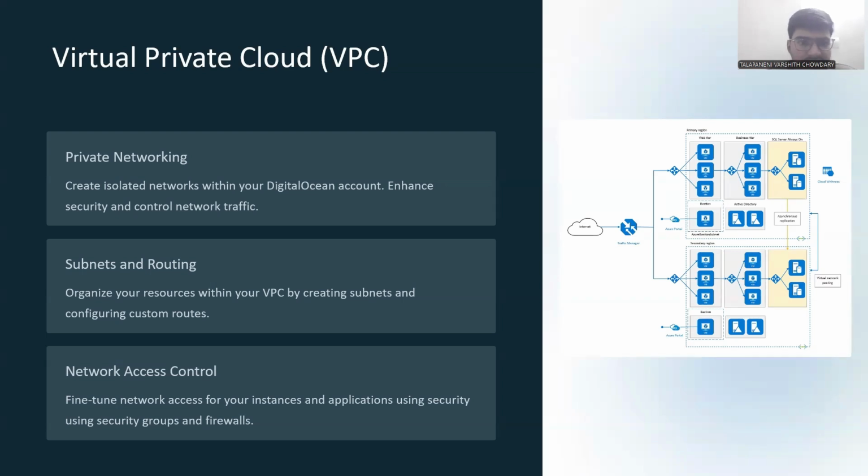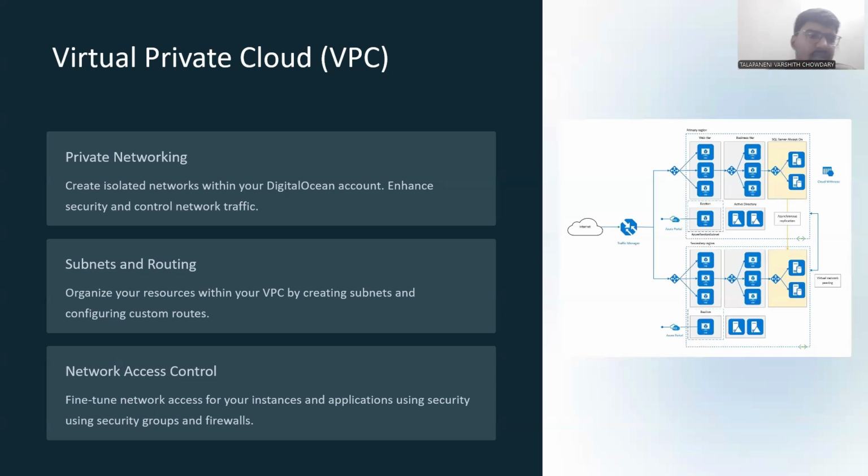And the next thing is subnets and routing. You can organize your resources as you wish. Generally, the cloud or the virtualized OS will do the work, but in the virtual private cloud, it's your wish to organize the resources, and you can create different subnets in your own virtual private cloud.